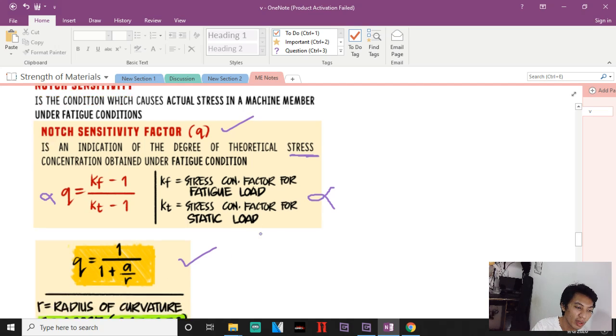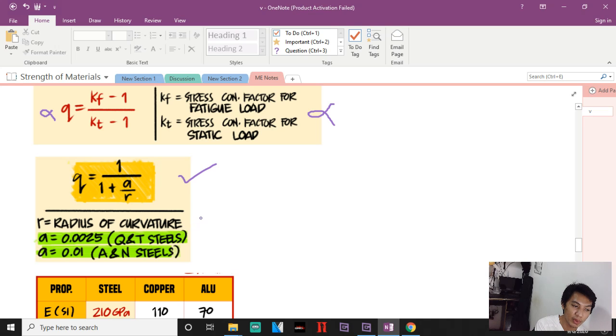Where r is the radius of curvature and a is the factor for Q and T steels. A and N steels are annealed and normalized steels.